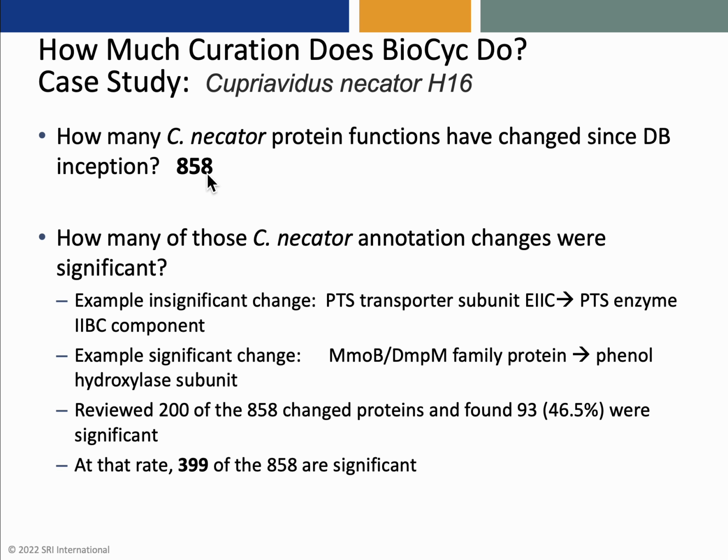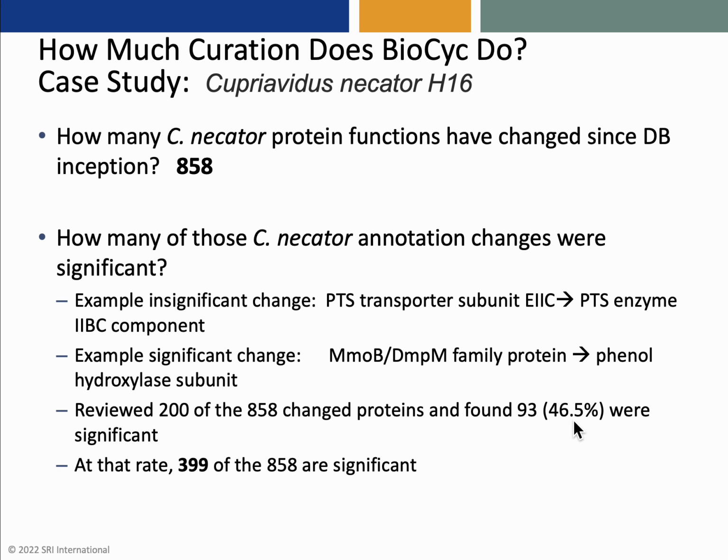So to determine how many of the 858 were likely to be significant changes, we selected 200 of those 858 proteins at random and reviewed them to find which were significant and which were not significant. And we found that 93 of them, of the 200, were significant.